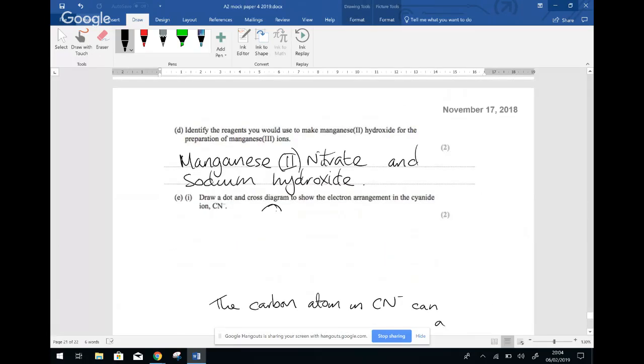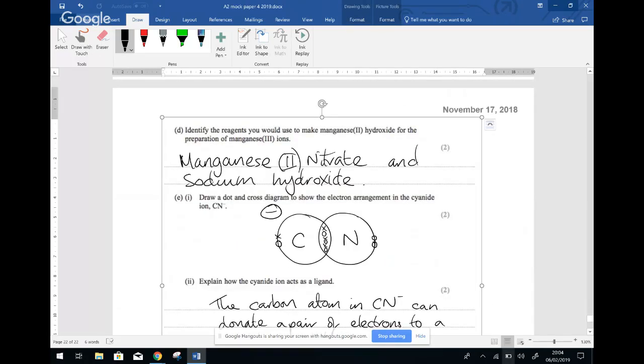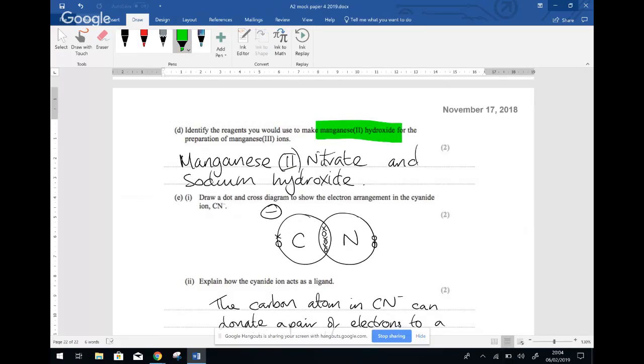Identify the reagent you would use to make manganese 2 hydroxide from manganese 3 ions. All right, this was a clever question, because I was like, well, hang on a minute. What they're saying here is make manganese 2 hydroxide. So I need a manganese 2 containing solution, and I'm going to choose the nitrate.